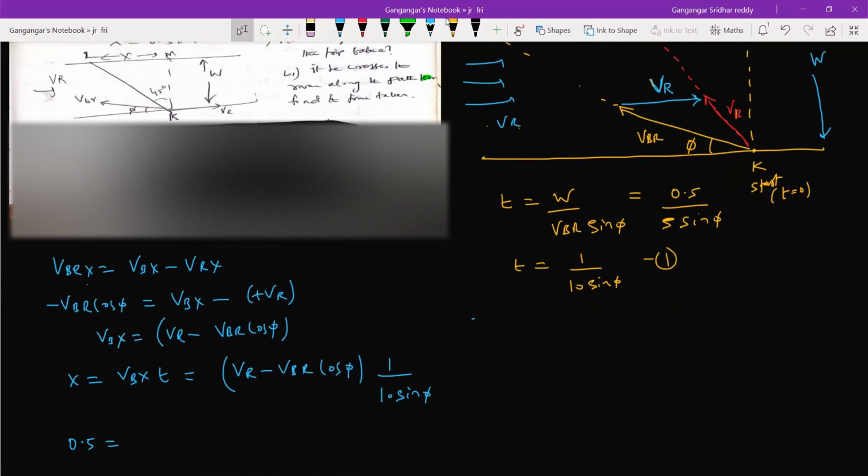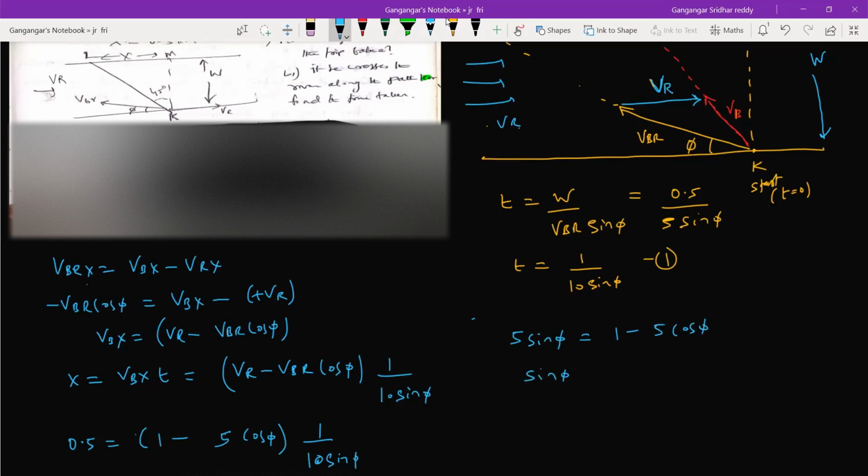VR value? 1, no? VR value is 1. VBR, anybody? 0.5. This also. Cos phi, 1 by 10 sin phi. VBR is 5. Okay, 10 into 0.5, this will become 5 sin phi is equal to 1 minus 5 cos phi.